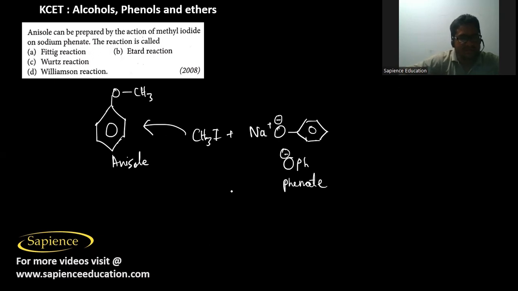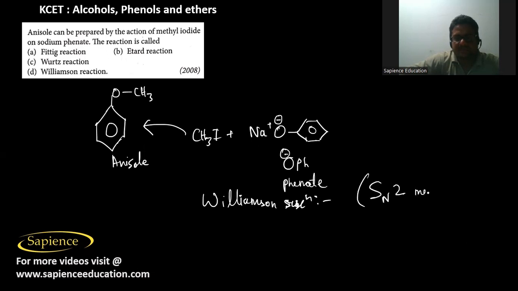So it is called Williamson's reaction. Here the reaction follows the SN2 mechanism. Any alkoxide, RO minus Na plus, reacts with the substrate R dash, which has a leaving group.